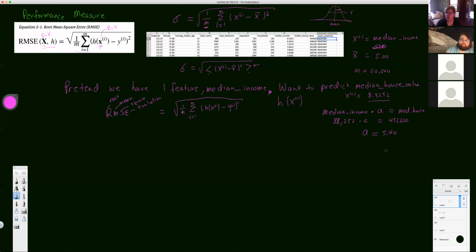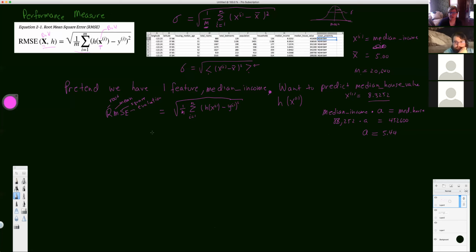Okay, so my model says take in the value of median income, X1, and it has to multiply by 10,000 as well because I'm using it in terms of 10,000s, and also multiply by 5.44. Make sense?